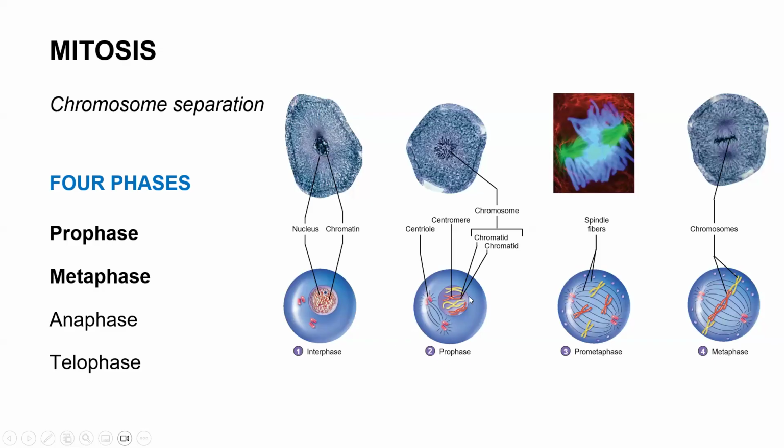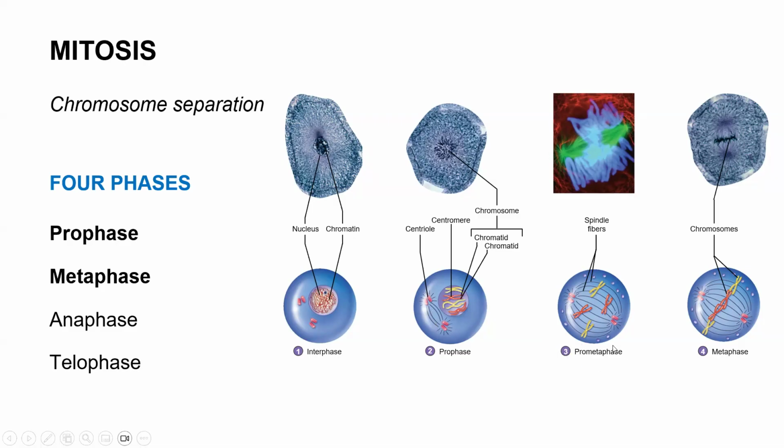Once we organize, we have a chromosome made up of two identical chromatids. The center here we call the centromere, and that's where we're going to attach to be pulled apart. You can see our centrioles are starting to produce their spindle fibers that will eventually attach at those centromeres, or the other word you'll see is kinetochore.